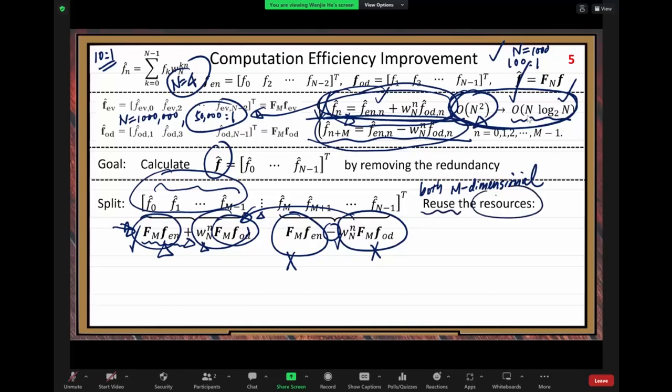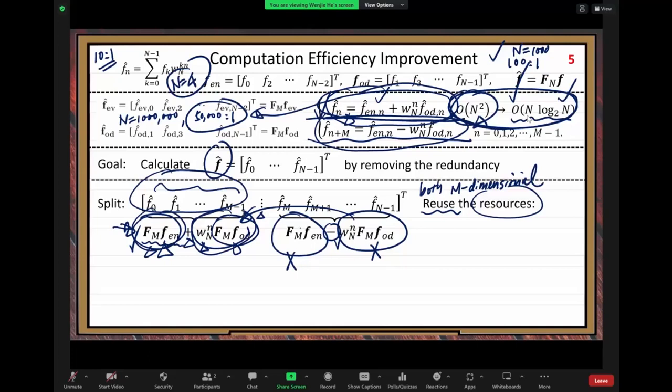What is the resource? The results we compute and put in a temporary variable we call the resource, because something useful we treat as a resource. These two intermediate results are useful, so they are our resource, and we should reuse our resource.